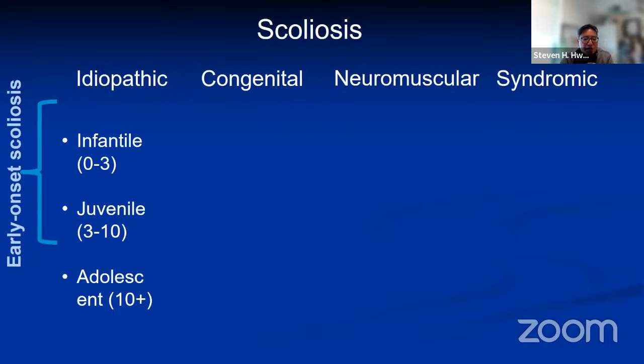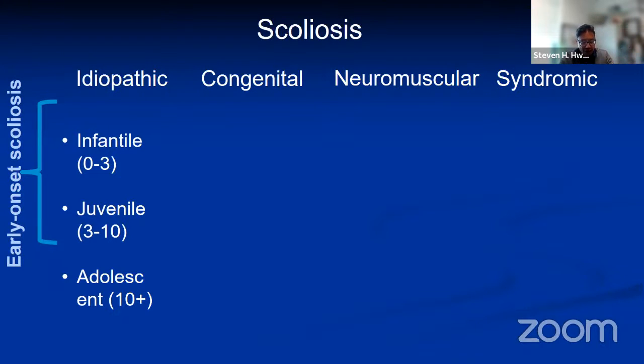But the overarching diagnosis is that any child diagnosed at less than 10 years of age has similar issues with growth, meaning a big driver of progression of that scoliosis is the growth remaining, as well as the compounding or impairing of lung development. So we really want to optimize lung development and control the curve. So we label them as early onset scoliosis.